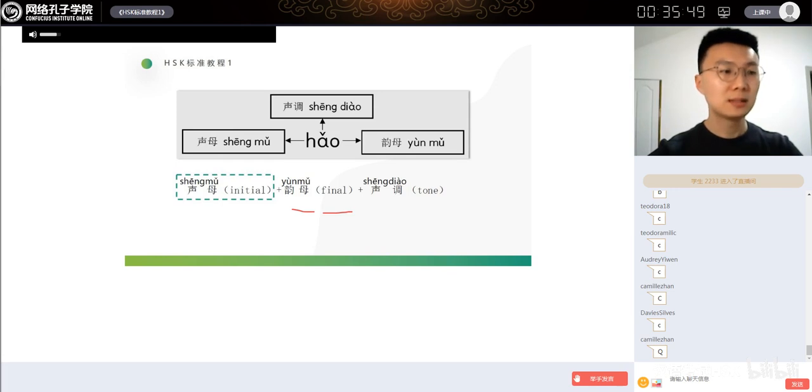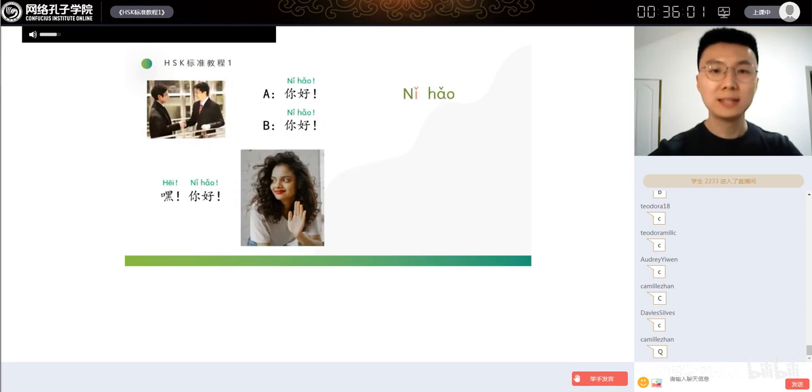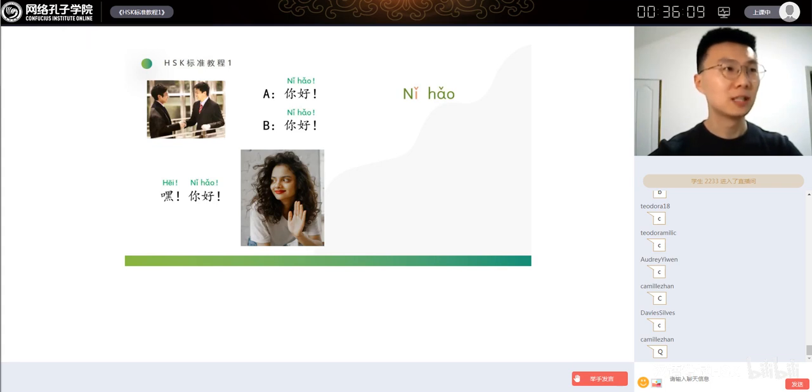With pinyin, now we can read 汉字. We can read Chinese characters like this. 你好, 你好. When Chinese people meet with each other, we can say 你好 to each other. Okay, now let's listen to the first dialogue. You can try to read after it.